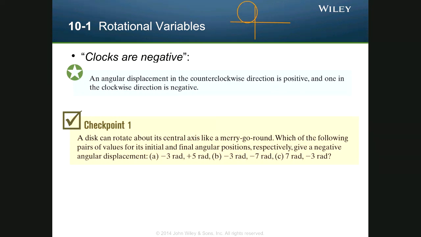I'm going to move the circle. So basically, if we change colors here, if we're rotating counterclockwise, counterclockwise is positive.